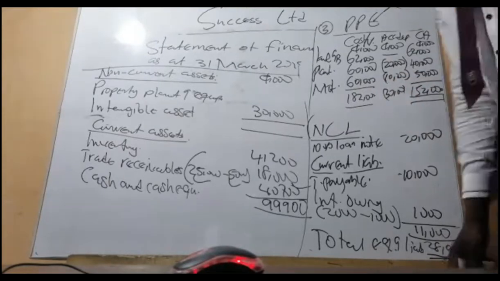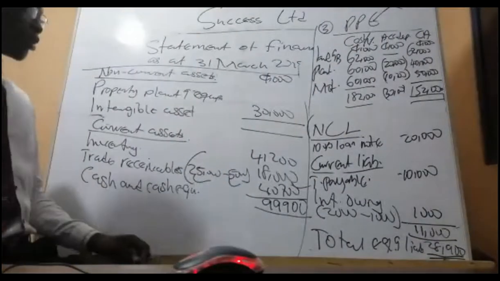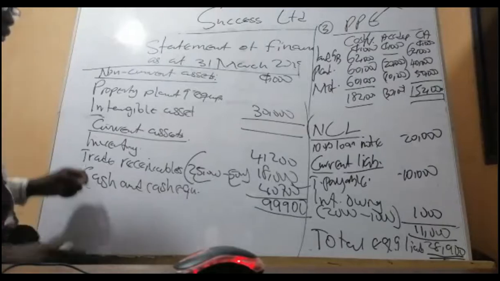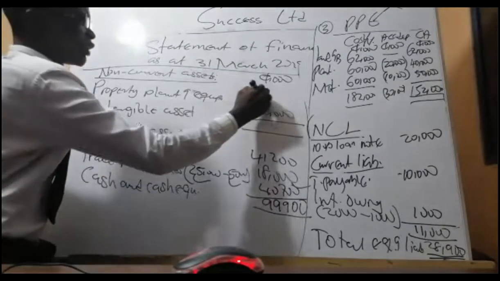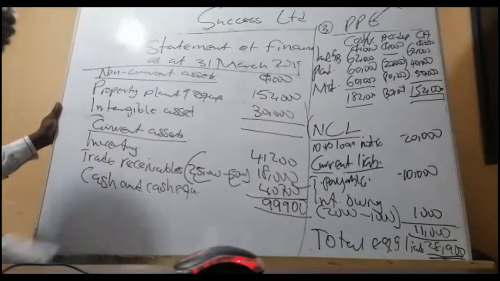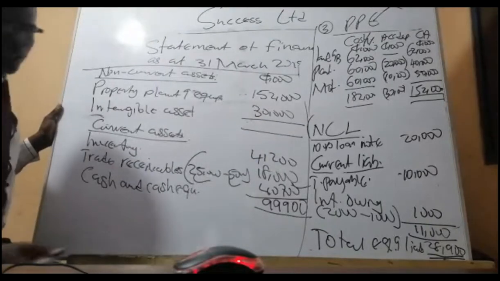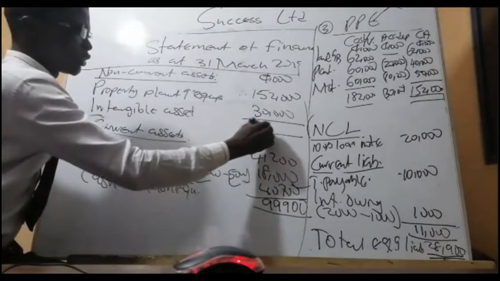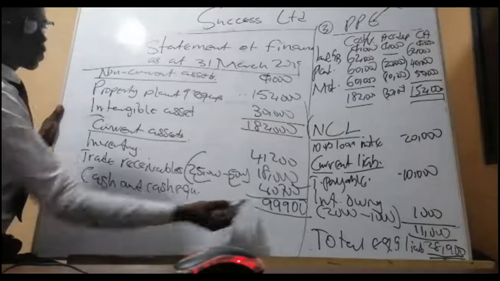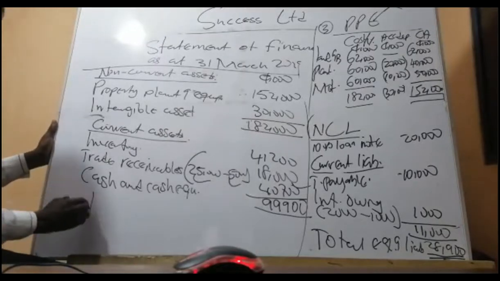Now we are done. We are going to balance it off. These become the non-current assets, 182,000. And finally, plus this one must give me the total assets.